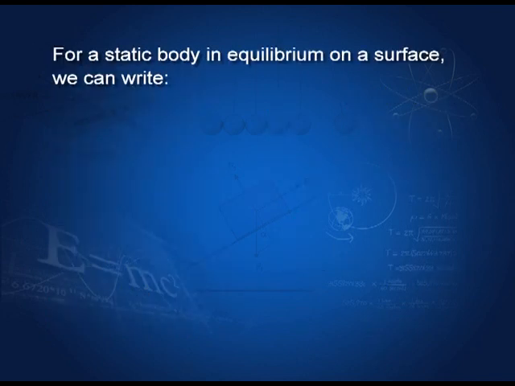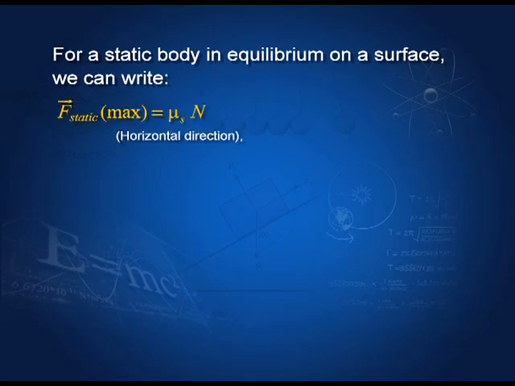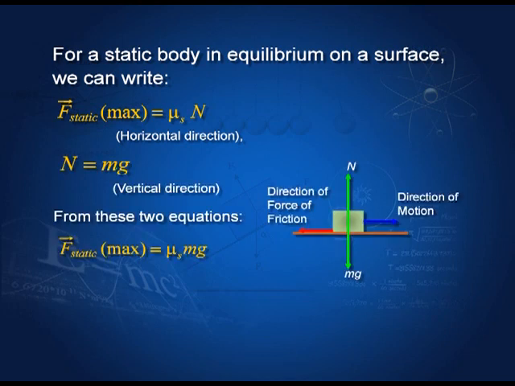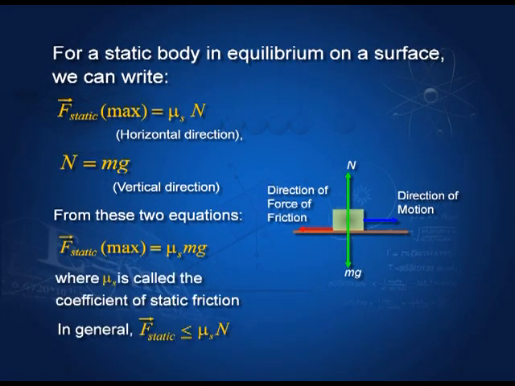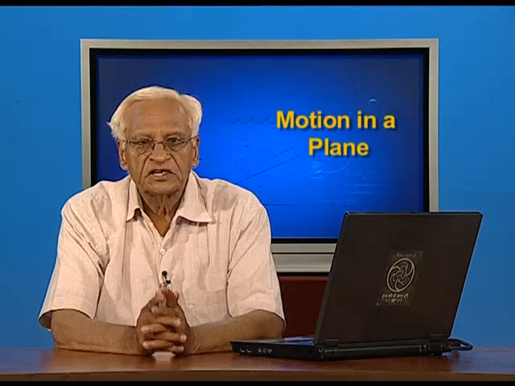For a static body in equilibrium on a surface, let us write the equation of equilibrium. F static maximum is mu s times n, and n is mg, therefore, F static is nothing but mu s times mg. And remember that this F static is the maximum force. Normally, the force of friction is smaller than this, therefore, F static is always less than or equal to mu s times n. Let me remind you of your experience.